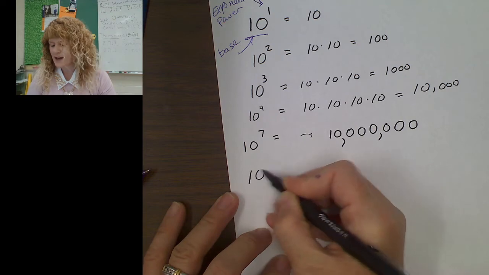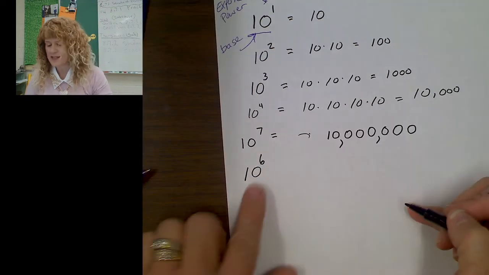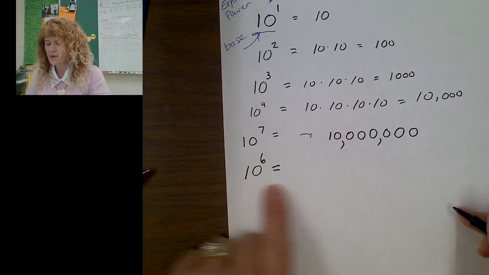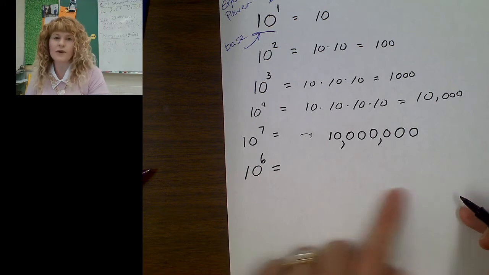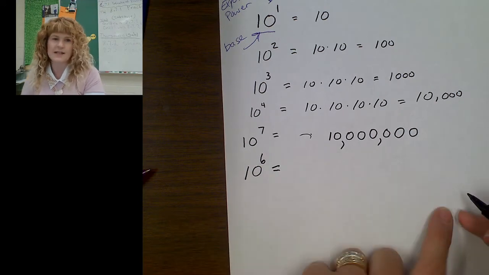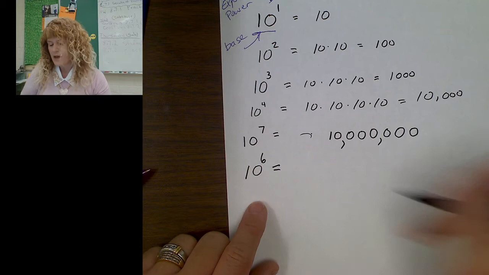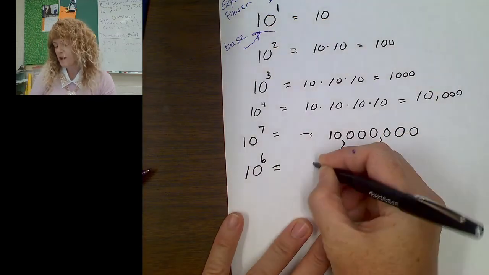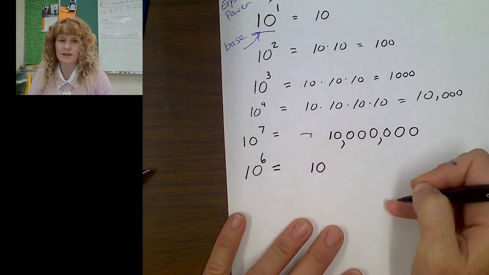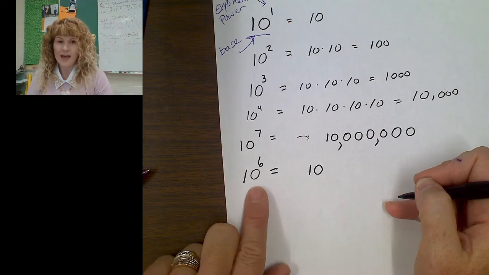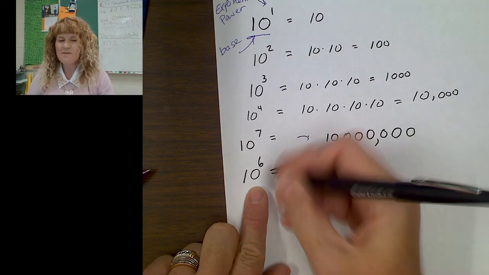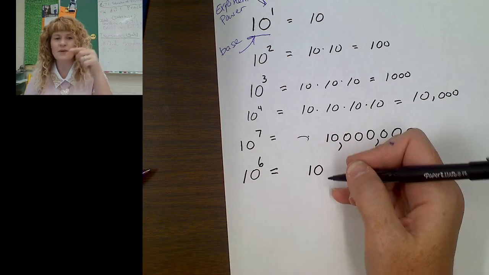I'll do something a little shorter now, 10 to the 6th. I want to write this out in standard form, but I don't want to write all the 10s and then count up the zeros. So here's what you do. Start with base 10. And then every time you increase the exponent, you add on a 0.